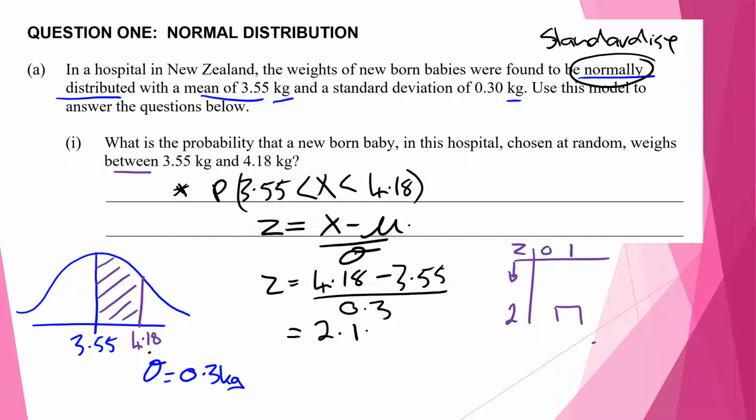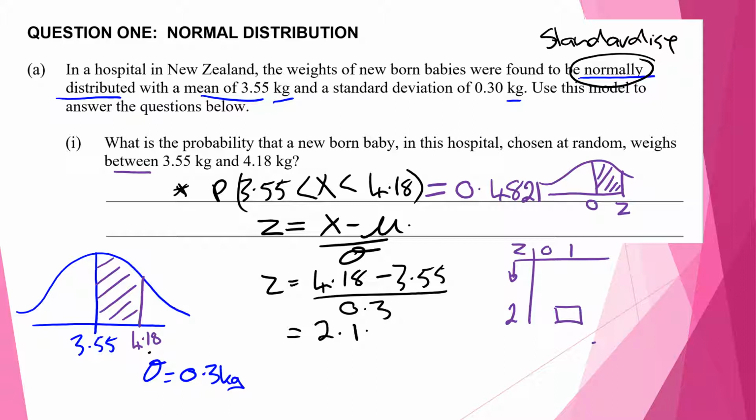That value from our standard normal distribution tables gives us the probability, as you'll see on the diagram, between the standardized mean, which is 0, and the z value, so that shaded area there. When you look that up, the answer to this probability statement is a probability of 0.4821.